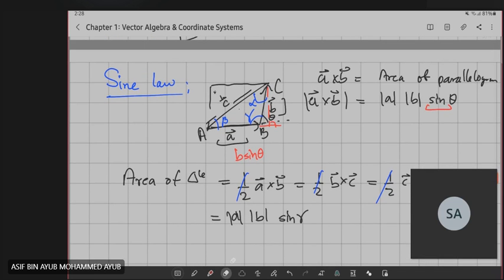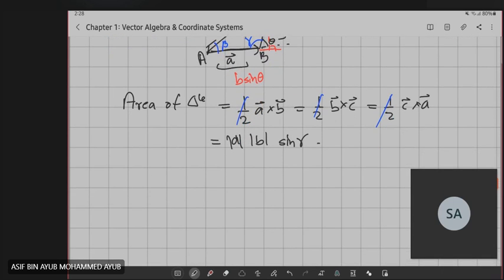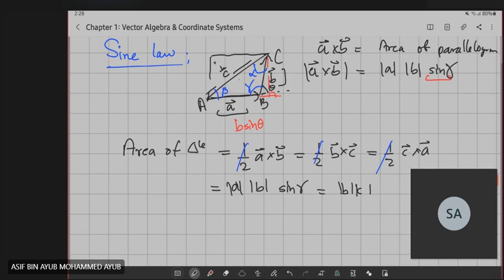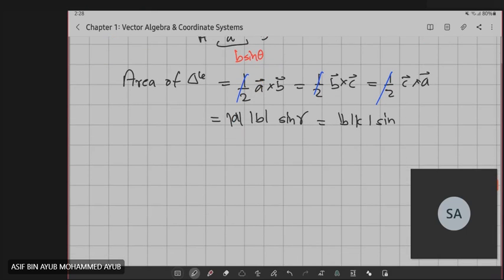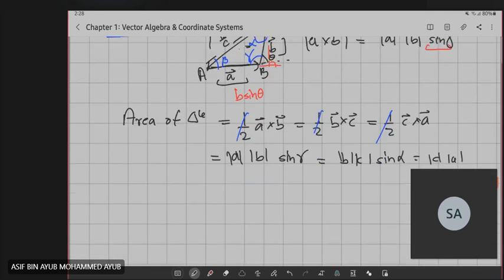Okay, so it should have been gamma here, which is actually equal to B, C. What is the angle between B and C? It's alpha, as you can see here, which is equal to C, A. What is the angle between C and A? It's beta.